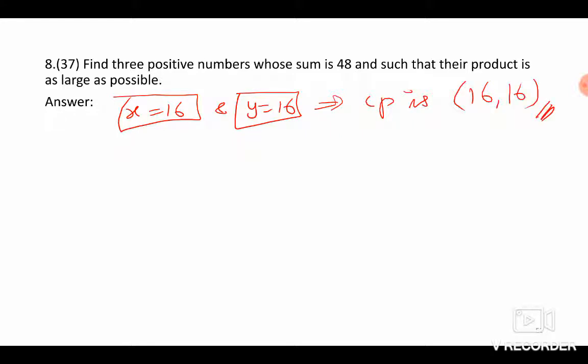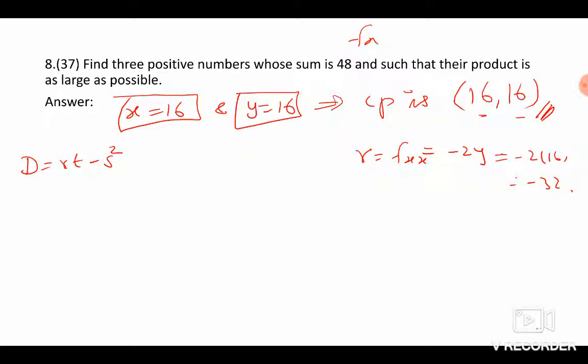Now for this only one critical point, we have to verify D, which is RT minus S square. And remember, what is R? R is the second derivative with respect to x. So go back to fx, differentiate it with respect to x again. You will get f double x as negative 2y, and this y is 16, so minus 2 times 16, it will be minus 32.